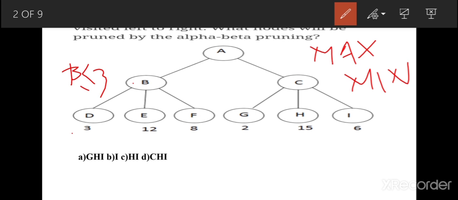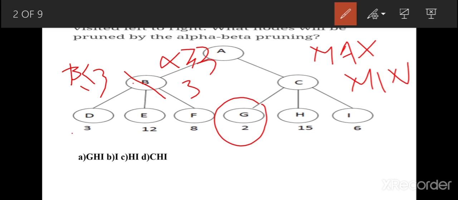What is the minimum value? 3, so node B will be 3. Then that value is passed to A. What is the parameter used there? Alpha. Alpha should be greater than or equal to 3.